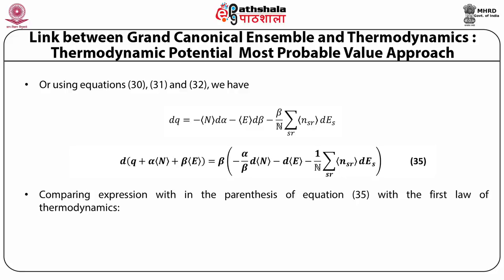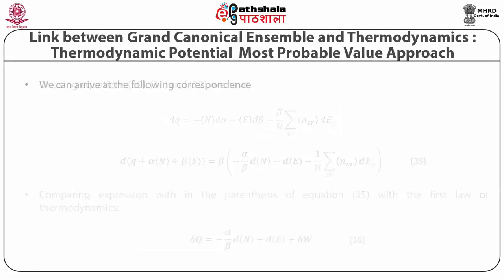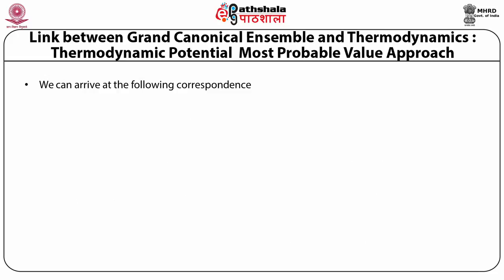Comparing the terms within the parentheses of equation 35 with the first law of thermodynamics, delta Q is equal to minus alpha upon beta with the differential of the mean value of the number of particles, minus the differential of the mean value of energy, plus delta W. We can arrive at the following correspondence.